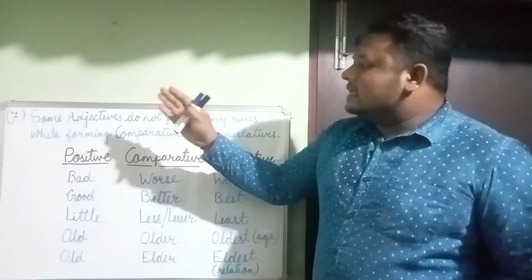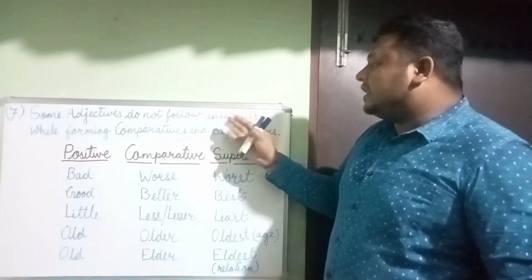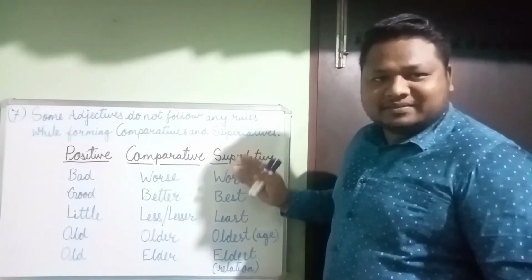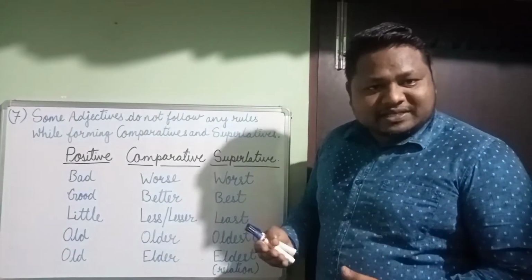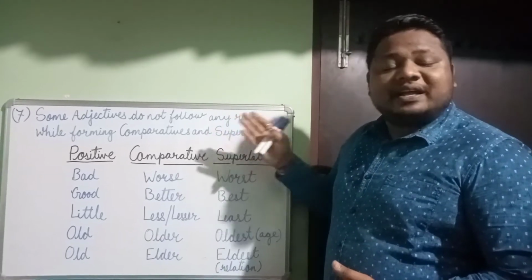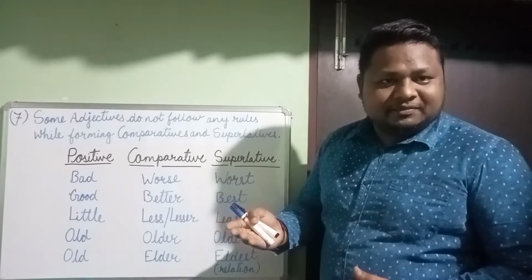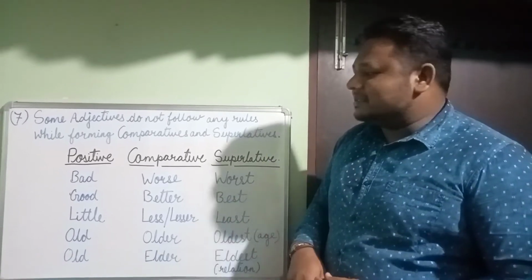Number 7. Some adjectives do not follow any rules while forming comparative and superlative. It means for some adjectives, their comparative and superlative degrees are completely a new word. Let us see some examples.